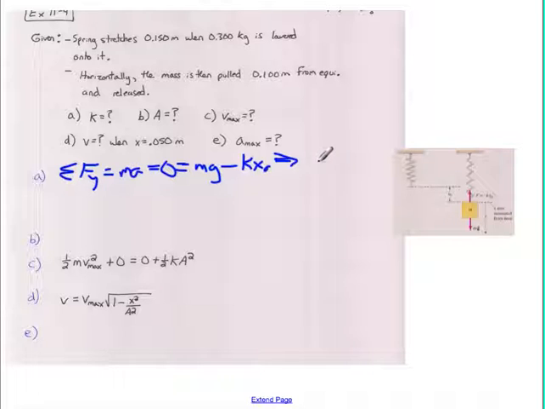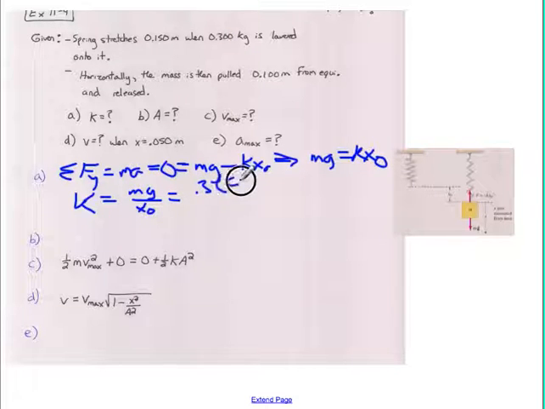Anyway, so we can solve and say that we know mg equals kx0. So in other words, k is going to be mg divided by x0. So we say our mass is 0.3, so 0.3 times 9.8, I guess I'm out of practice with this thing.